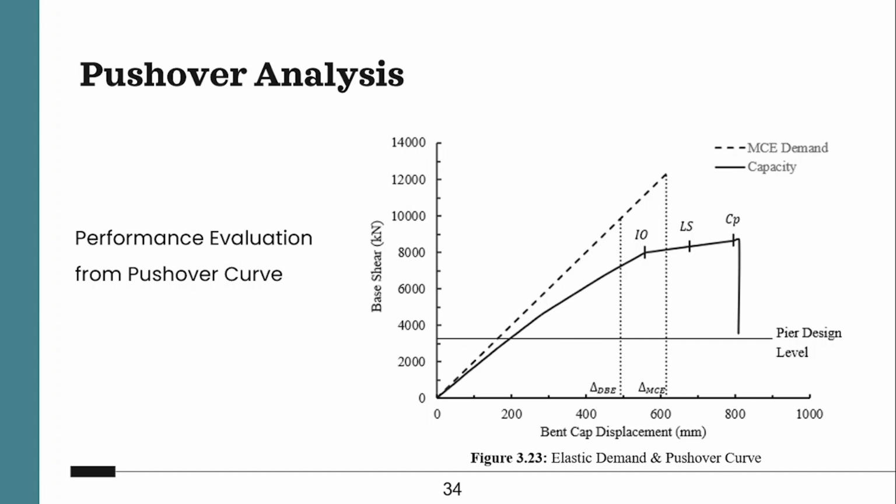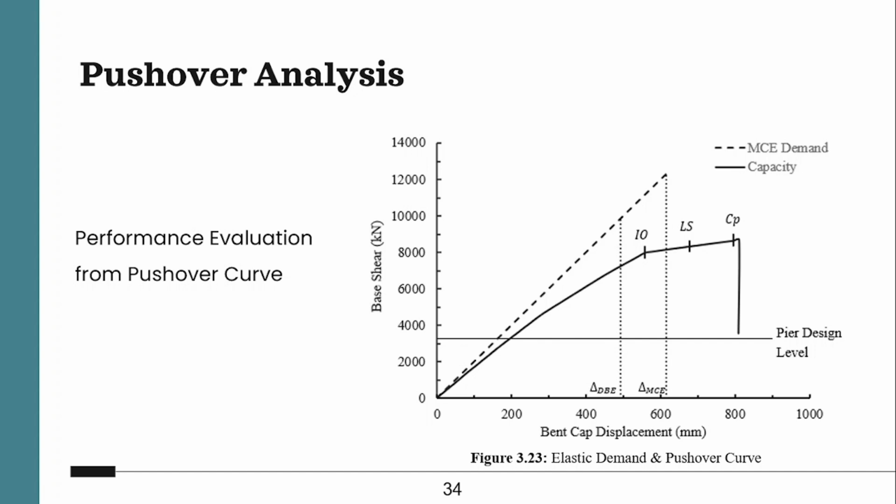So from that, the dotted line provides us the demand displacement. And from the pushover capacity and the hinge limit states we can find the different performance limit states like immediate occupancy, life safety, and collapse prevention.